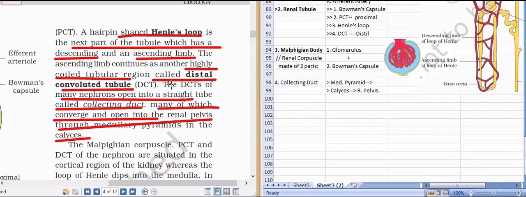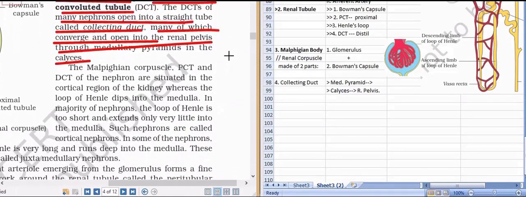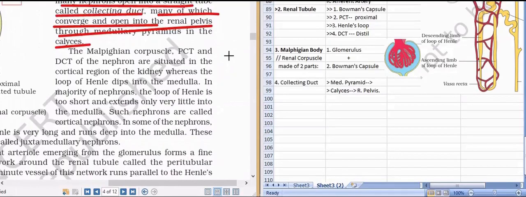Next, what he said, he is going to explain now about the Malpighian corpuscle. Again, the two things are there. How they are situated means, if you see the kidney, I'll explain. First of all, let's see.